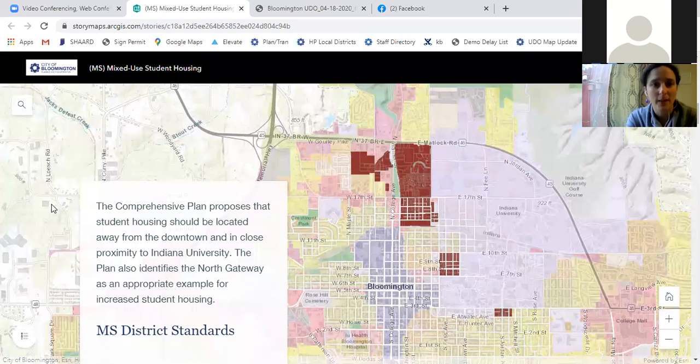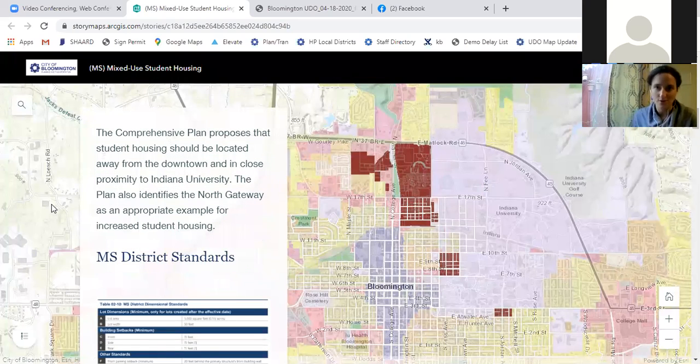So the comprehensive plan addressed student housing locations, and it recommends that student housing should be located away from the downtown. That was a change from the previous long-range plan, the growth policies plan. We had a boom of student housing in the downtown area, a small one, and people decided during the comprehensive plan outreach portion of that project that they would like to see it located in other areas.